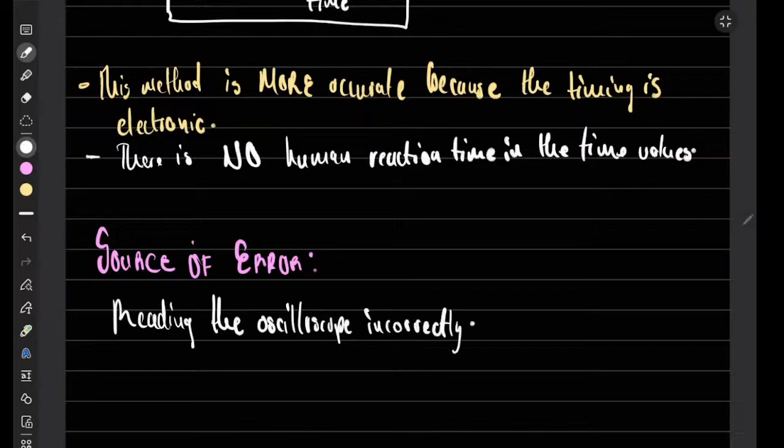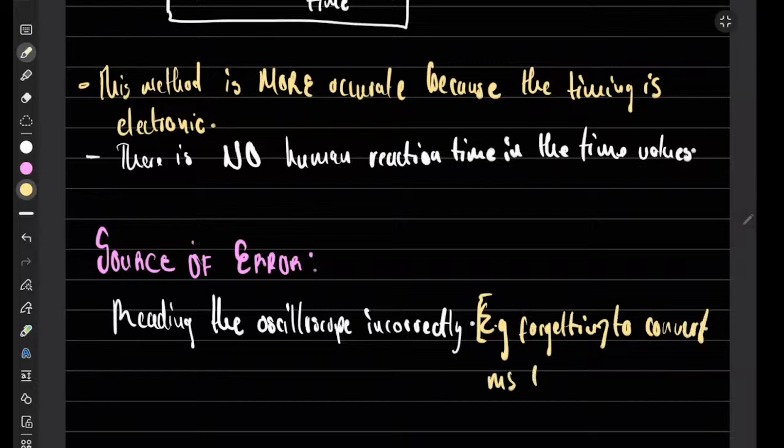For example, forgetting to convert milliseconds to seconds, because oscilloscopes will give you the time in milliseconds. You must know how to convert milliseconds to seconds. Okay?